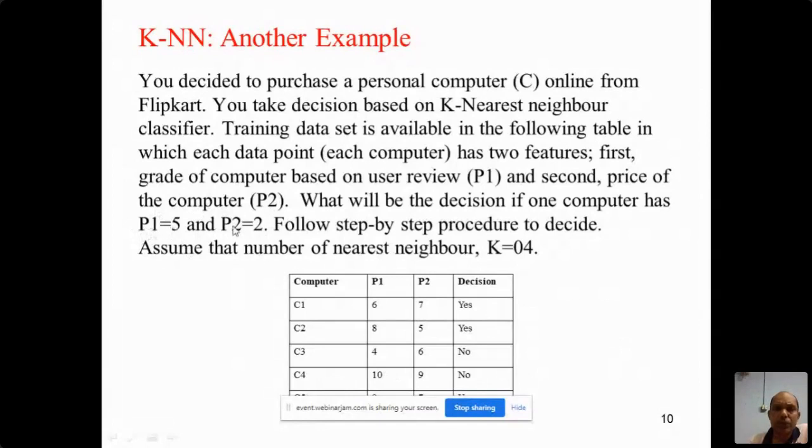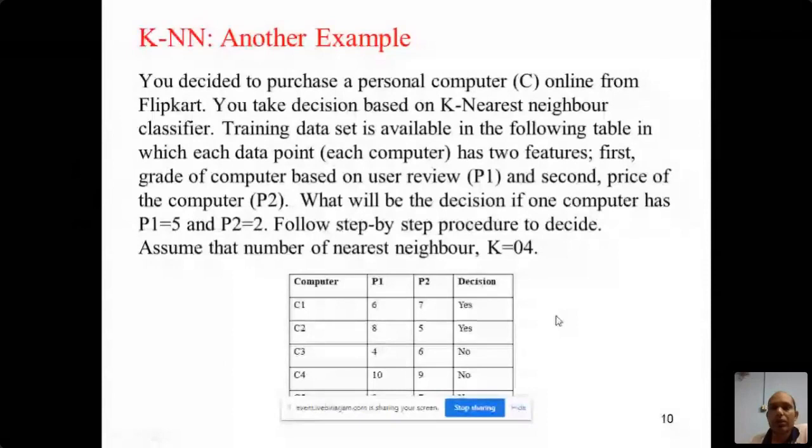So you have to decide based on the k nearest neighbor. This is one of the real life examples where you can apply the k nearest neighbor algorithm. This is a very simple way, and you can get it easily as per the previous example.